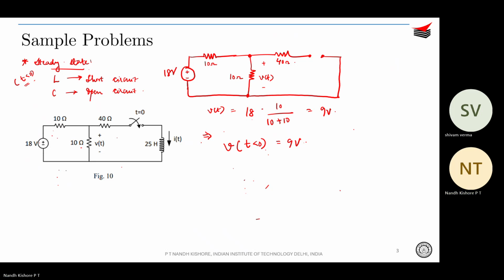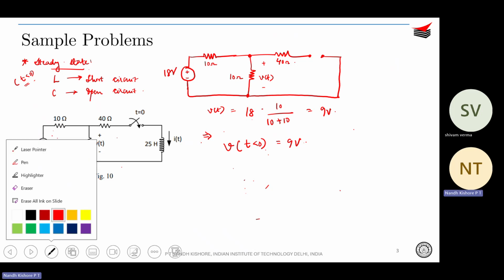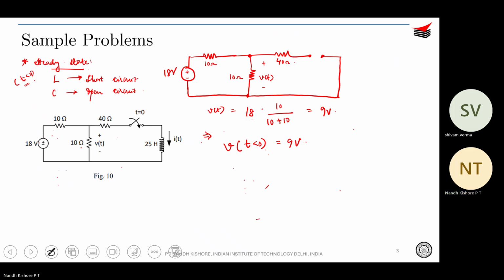There is another steady state that is obtained. One steady state is for t less than 0, that is, minus infinity less than t less than or equal to 0.